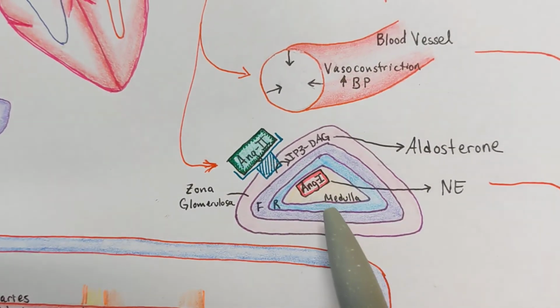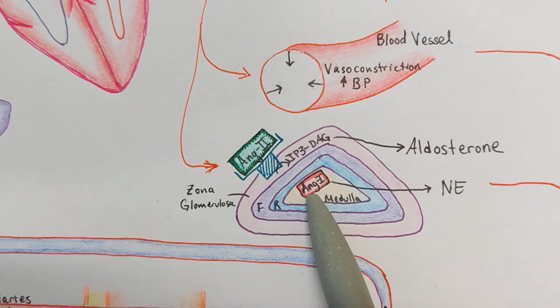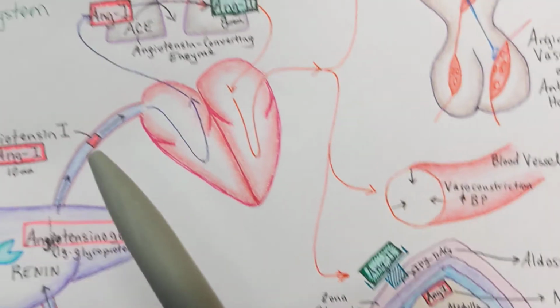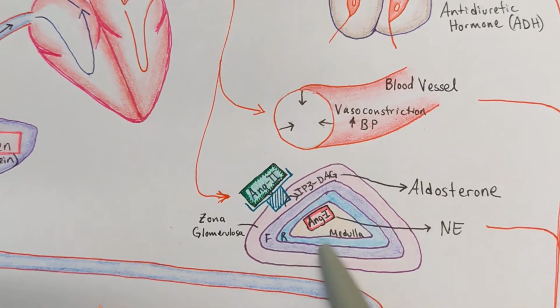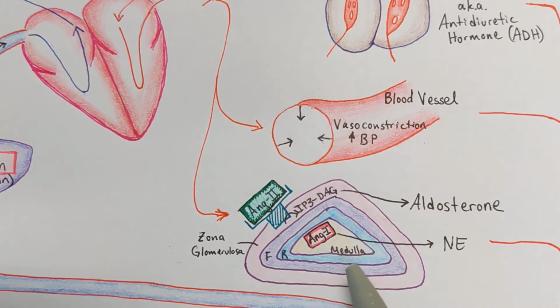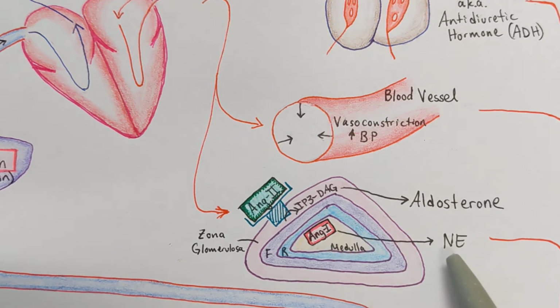Finally, angiotensin I, so before it was converted into angiotensin II, also has the ability to bind to receptors within the adrenal medulla and trigger them to release norepinephrine into the blood.